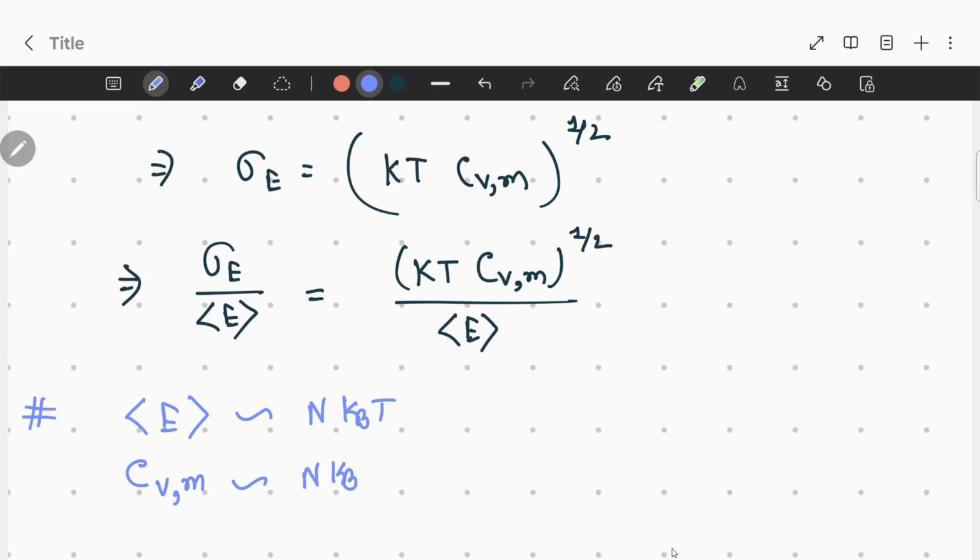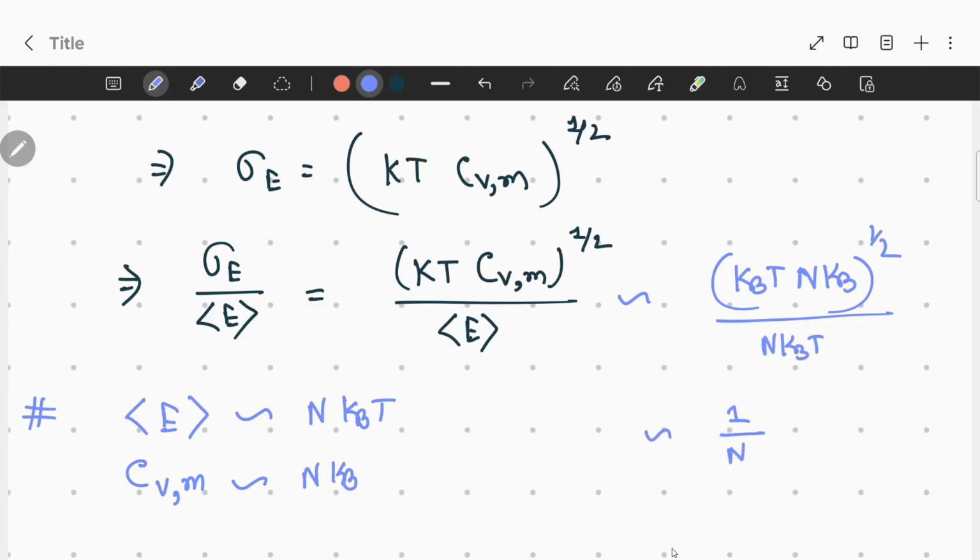So if that is the case, then you see the denominator and the numerator, both are of the order of... this is of the order of nkT to the power half, and this is of the order of nkT to the power 1. So it is just 1 by n to the power half.